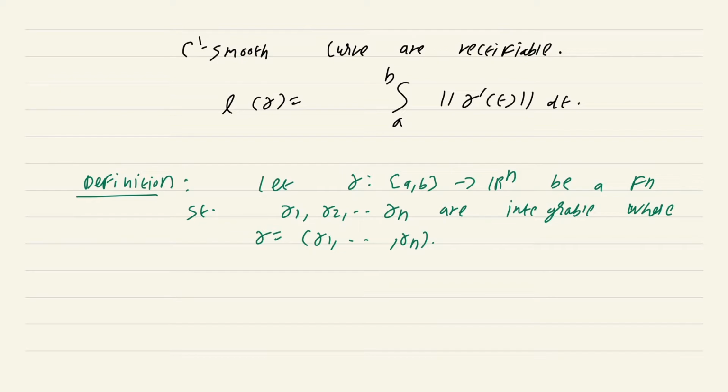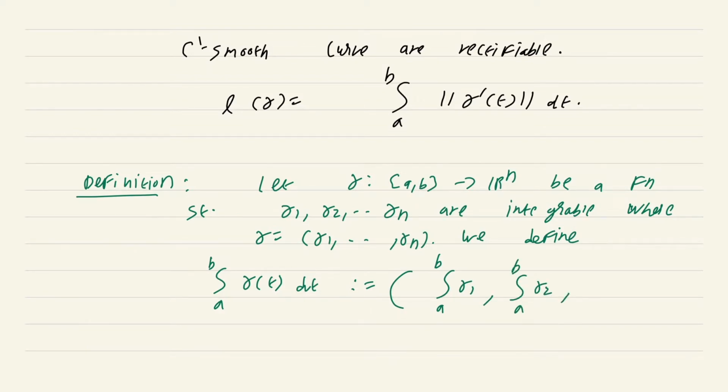I'm assuming that the coordinates are integrable. Okay, then we define the integral from a to b of gamma of t dt to be, by definition, the vector: integral a to b gamma 1, integral a to b gamma 2, dot dot dot, integral a to b gamma n. You just integrate coordinate-wise.